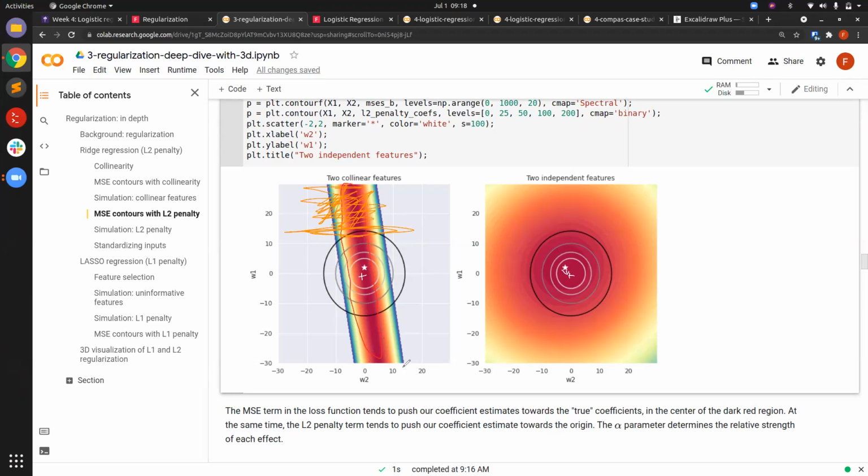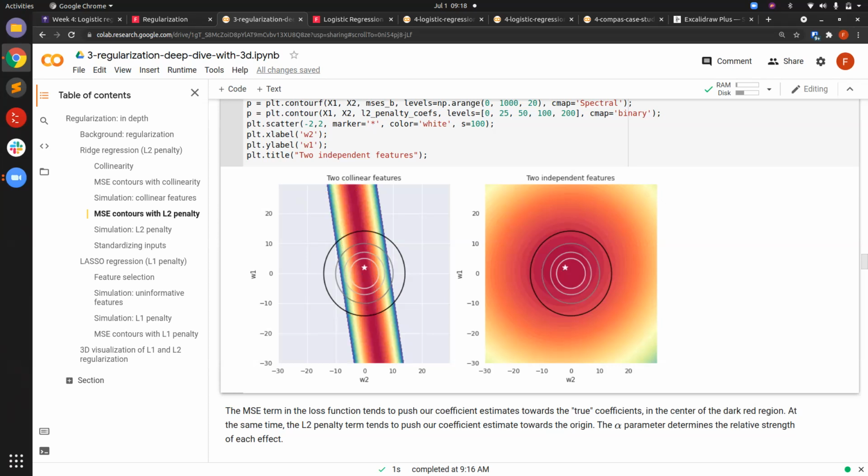Your optimization is no longer going to find a point in those regions because the L2 penalty is much larger there. So now your optimization is really only going to look in this much smaller region, which means we're likely to have less variance, right? Because instead of estimating a pair of coefficients in a large range, we're now going to look at a much smaller range.